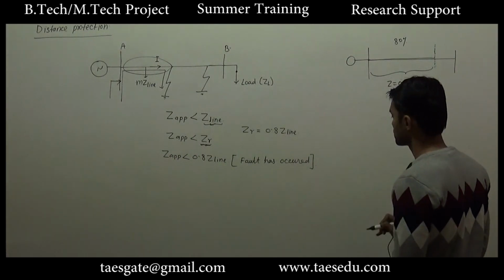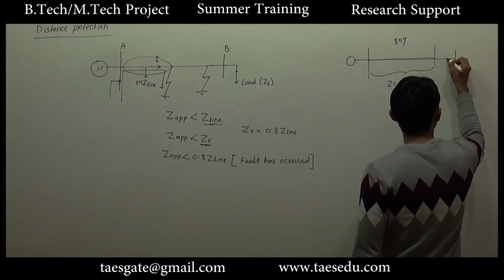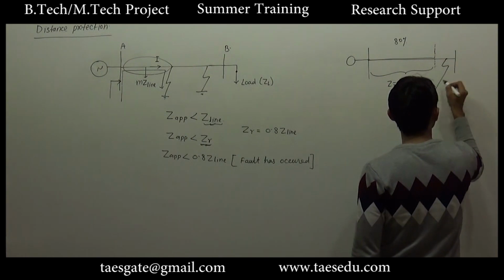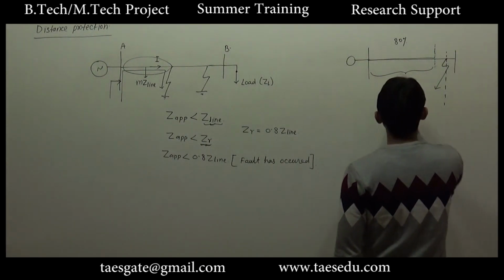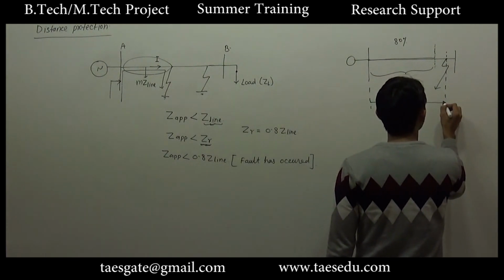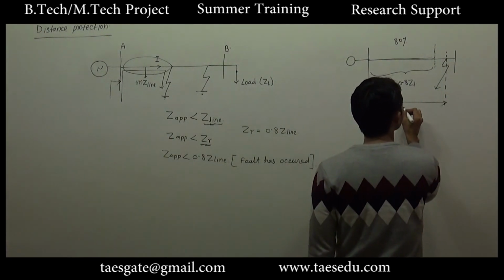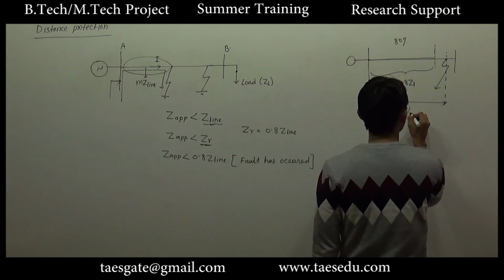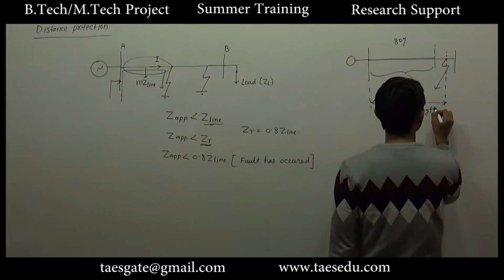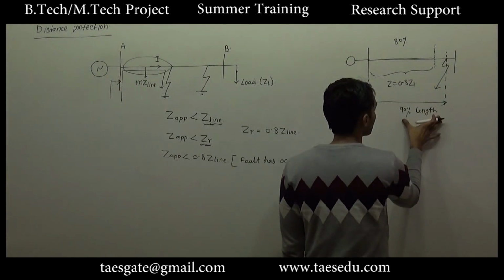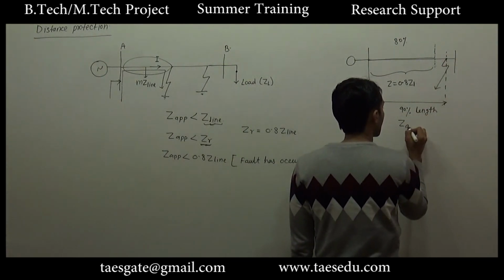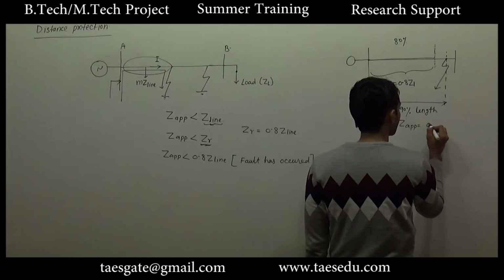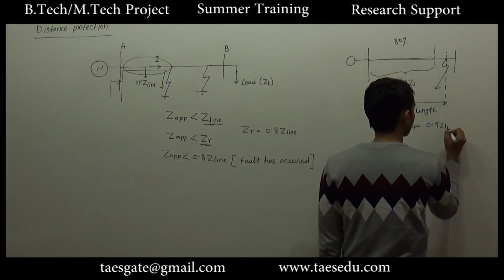Now if a fault occurs at this point, and let's say up to here, this length represents 90% of the length. So up to this point the apparent impedance will be 0.9 into ZL.